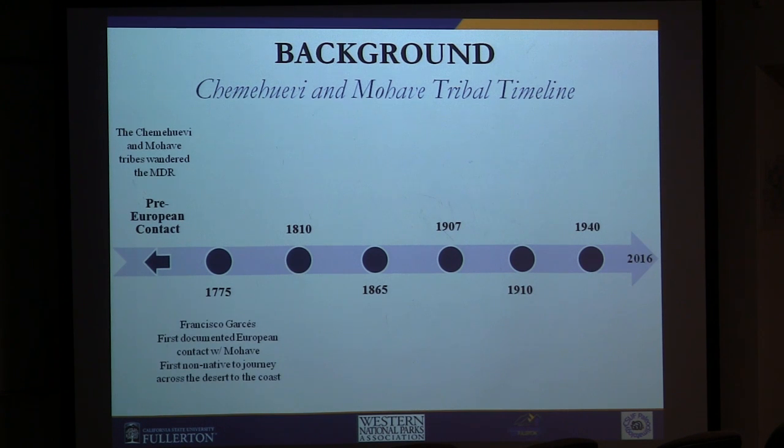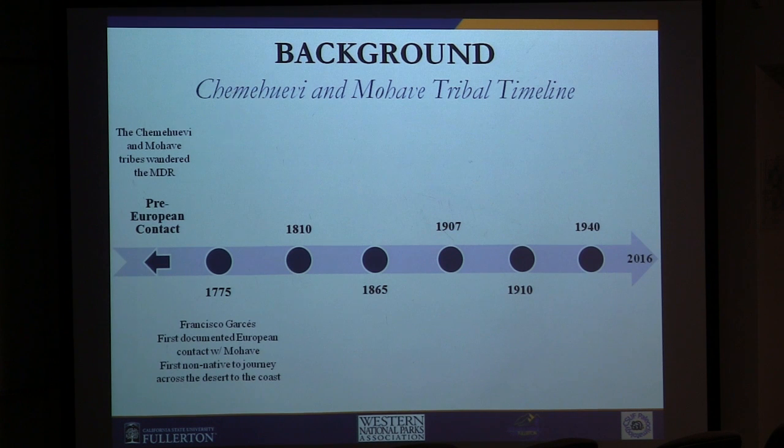Our first documented European contact was 1775, where Francisco Garces was the first European to make contact with Mojave. He kept really good records. He was also the first non-native to journey across the desert to the coastal area. And part of a leg of his journey ended up being called the Mojave Road, which I showed you in the slide before.